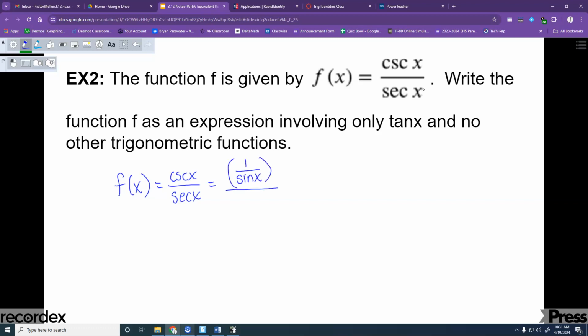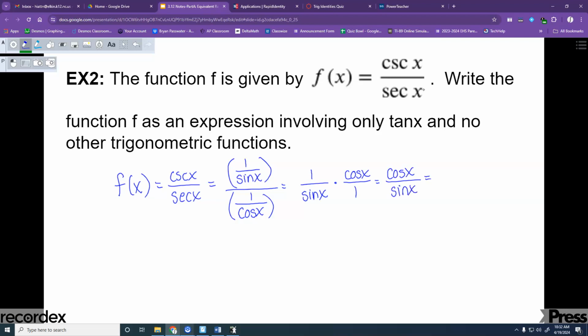And what is the reciprocal identity for secant? 1 over cosine x. What do you guys think we could do now? Okay, I can flip it and multiply. So 1 over sine x times cosine x over 1. And that is going to give me cosine x over sine x.